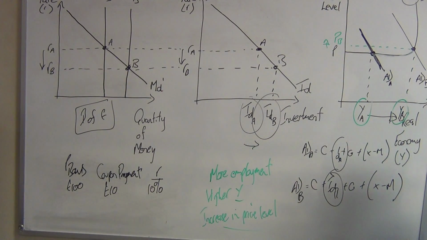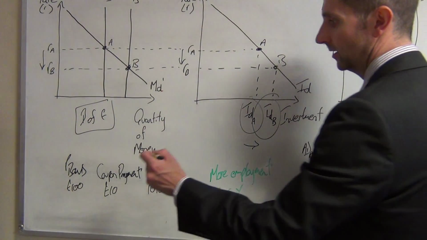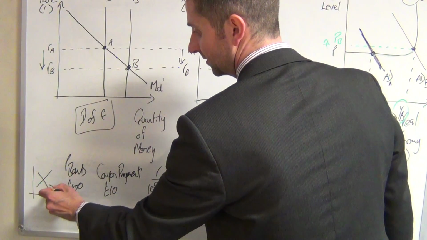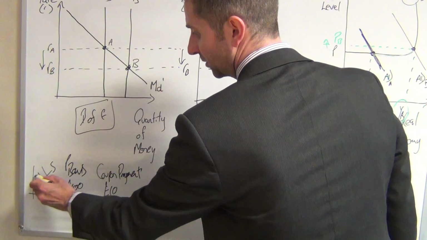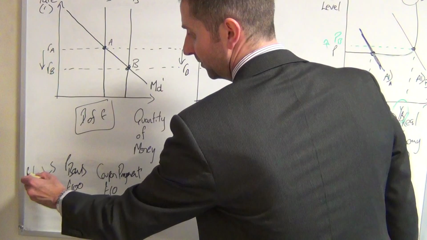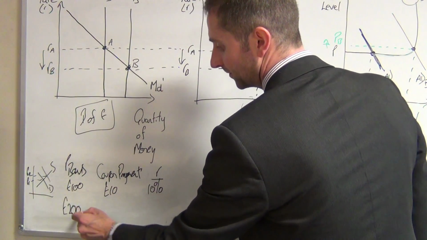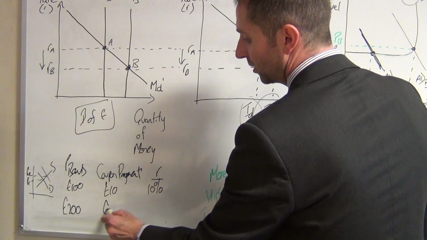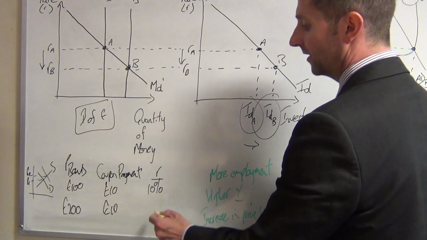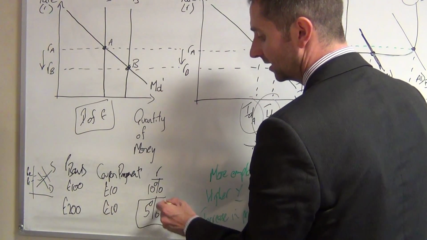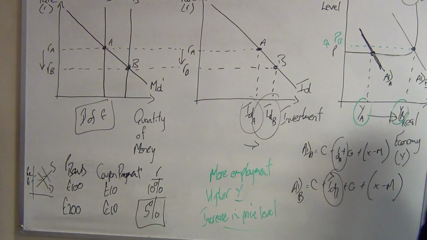If, however, the demand for bonds goes up, let's assume this is the bond market, demand and supply, if the demand for bonds goes up, the price goes up from P1 to P2. So the bond price might go to 200. The coupon payment, however, won't change, and that therefore means that your return on it now is, rather than being 10%, 5%.